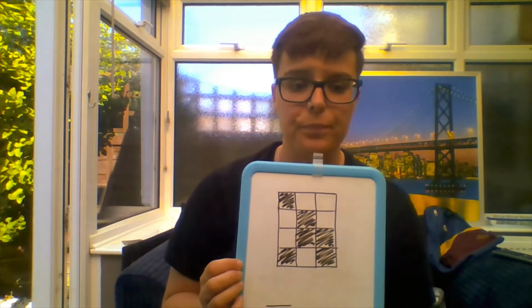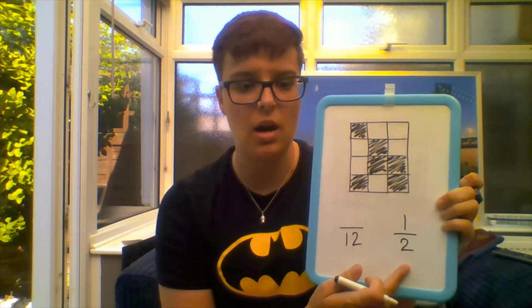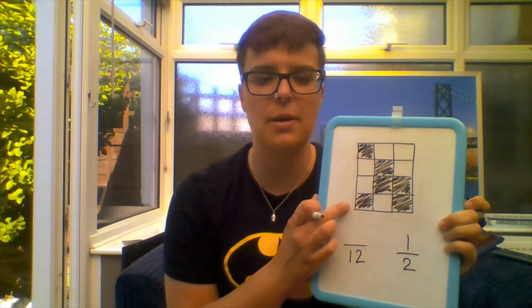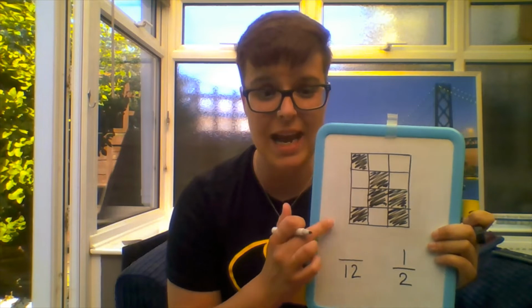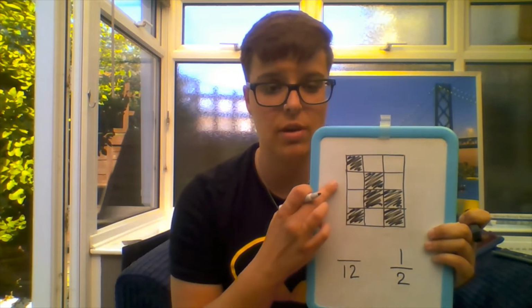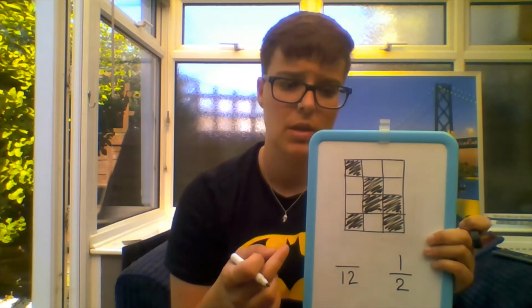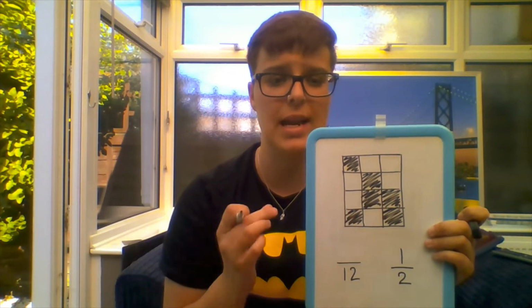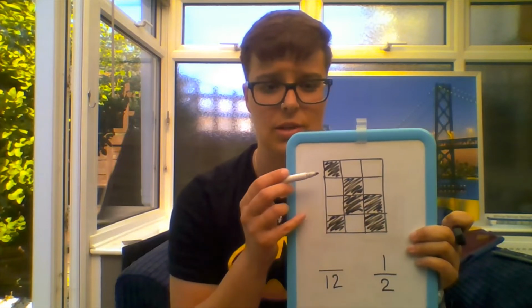So here, she was asked to shade half. But if we count up how many bits she had in total, there's 12. There's 3 rows of 4 or 4 rows of 3. So there's 12 in total. Right, that's the whole. What bits am I actually looking at? So let's look at the bits that are shaded.